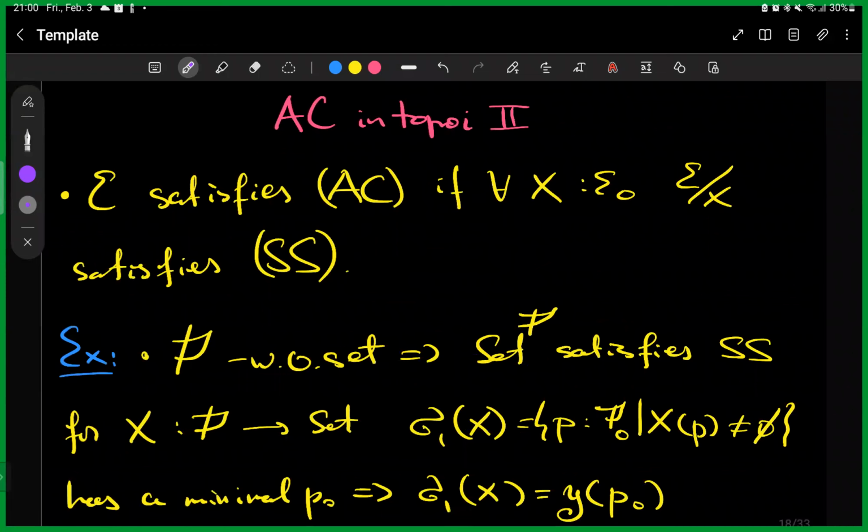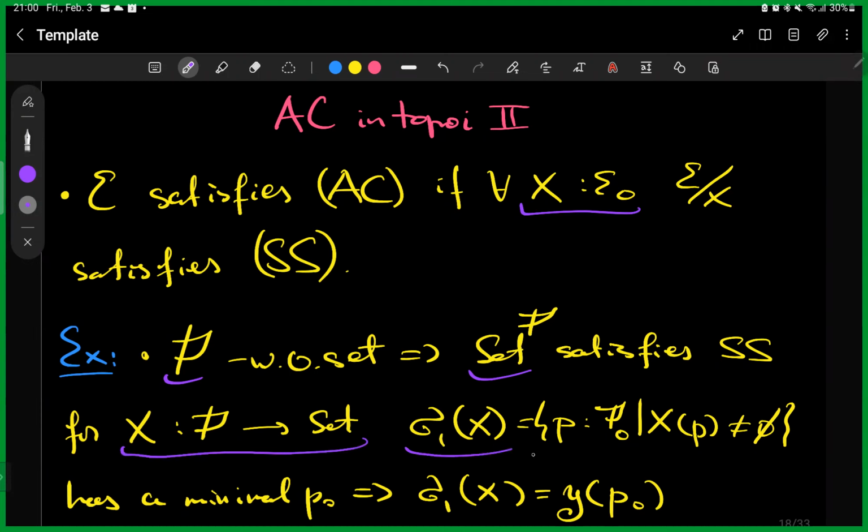So we say that the topos E satisfies the axiom of choice if for any object in E, the slice topos satisfies the axiom of splitting support, or the axiom SS. So let's consider an example. Assume that we have a well-ordered set P. Then the category of functors from P to sets satisfies the axiom SS. For such a functor x, we can consider sigma 1 of x.